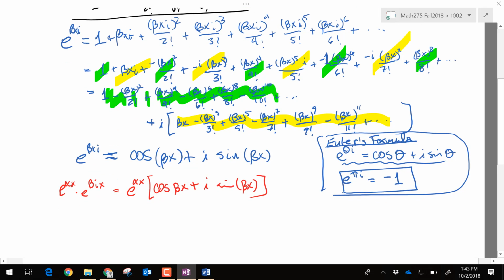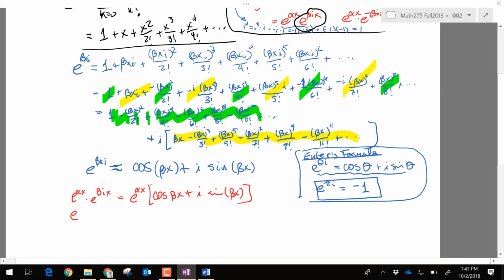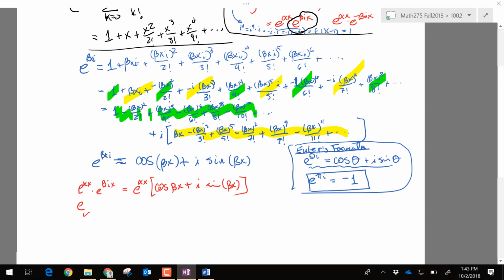Now our conjugate, e to the alpha x e to the minus beta i x, is essentially going to be the same thing. So these two sets look like they might be linearly dependent, because the only difference here is that there's a minus.